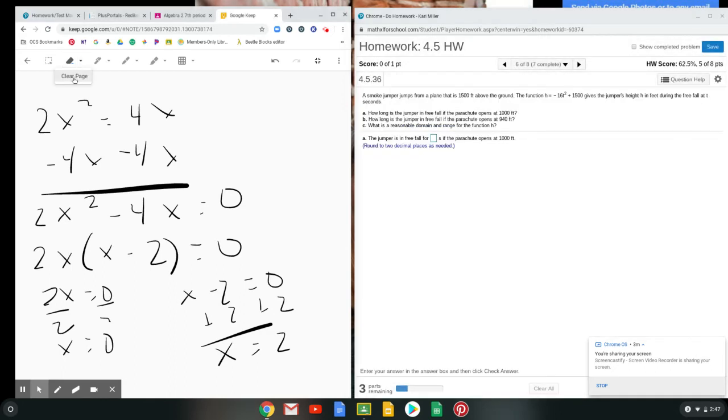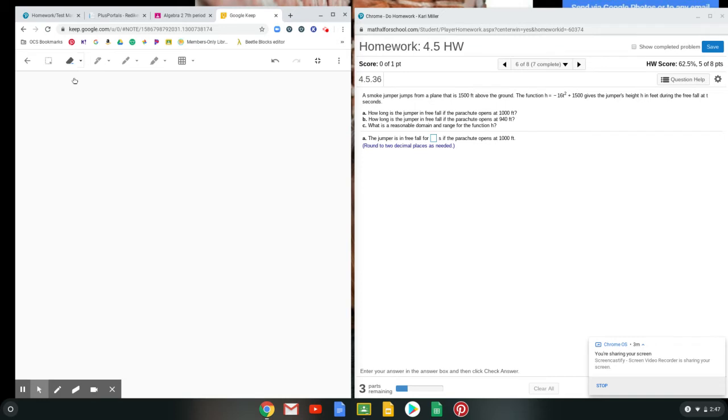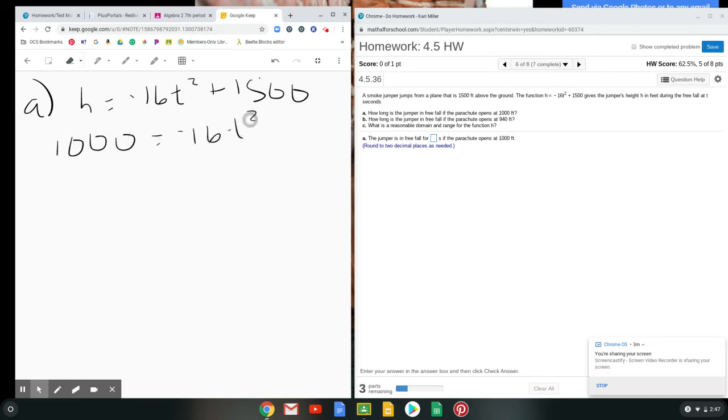All right, so this is a word problem. It's really not much to do with factoring. First, note that I give you h equals negative 16t squared plus 1500. For part A, h is 1,000. So we're going to put 1,000 in for h.